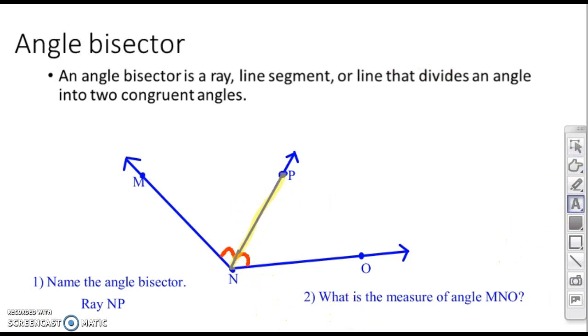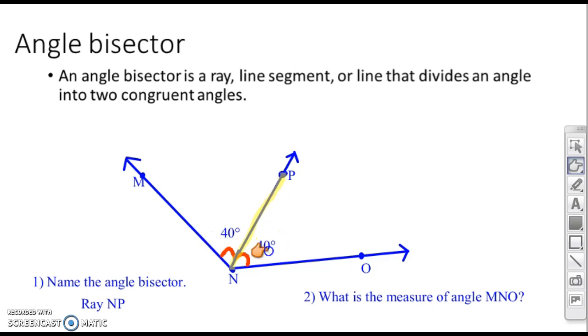Now what is the measure of MNO? If I said right here that MNP is 40 degrees, and I want to know what MNO is, that means this one is also 40 degrees because they're congruent, because this is the angle bisector, which divides into congruent parts.